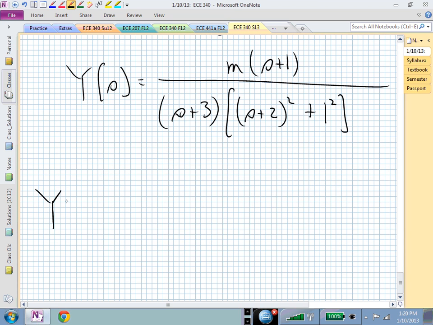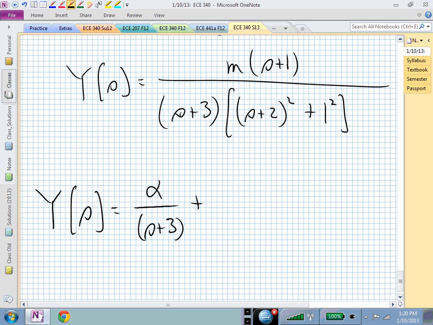Somebody says, oh, well, I can partial fraction expand that, which says that you now have one term associated with this pole factor, the real pole, and an exponentially damped sine and cosine resulting from these complex poles at -2 plus and minus j1.